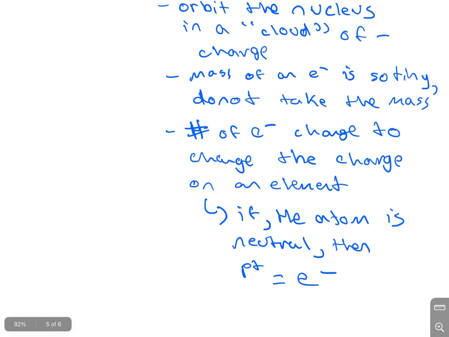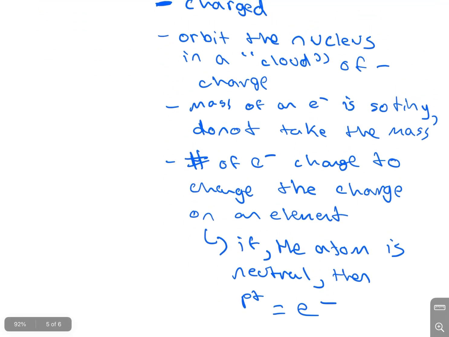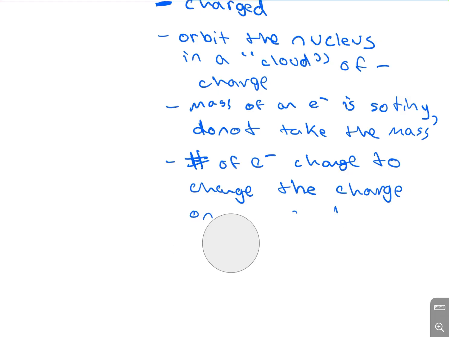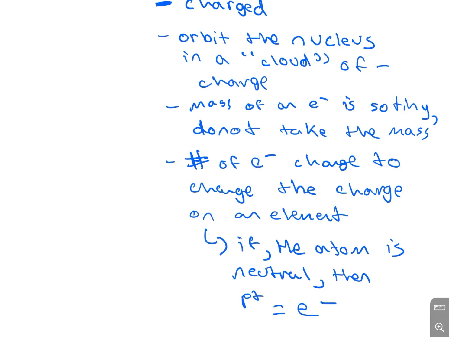If the charge on an atom is neutral, meaning 0 from a mathematical standpoint, the amount of protons and electrons are equal because they cancel out with their respective positive and negative charges. So that's for electrons. As you can see, there's a lot. That's why I said electrons are a bit more complicated. If you'd like to take a screenshot, here you go.